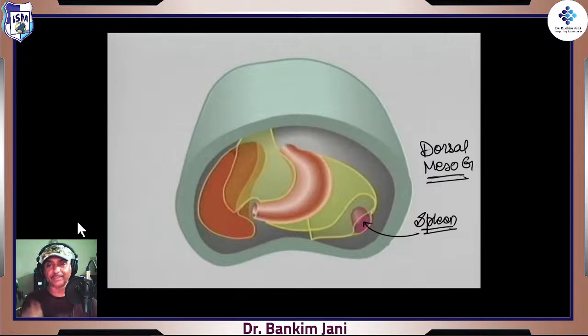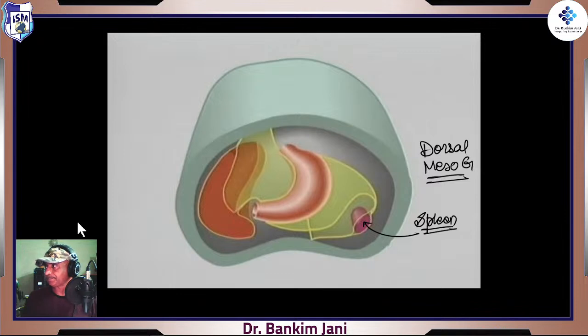Right now, don't even write that it is a gastrosplenic, because the folding is still going on. Then it develops when those double layers fuse with each other, and only a sharp ridge is left out, that becomes a ligament. So right now it was just for the explanation of something between two organs.